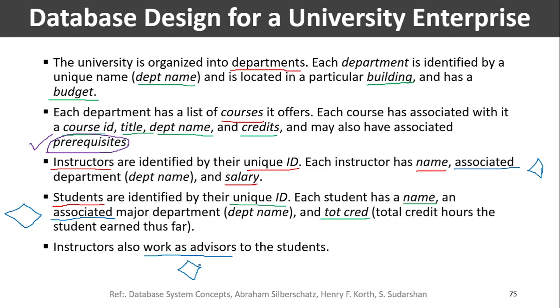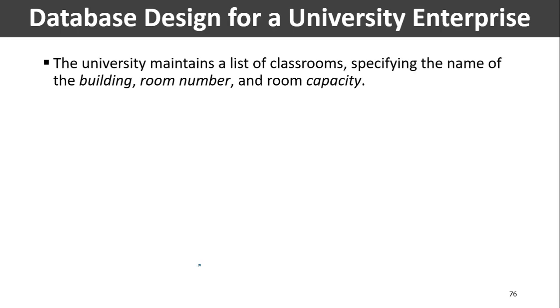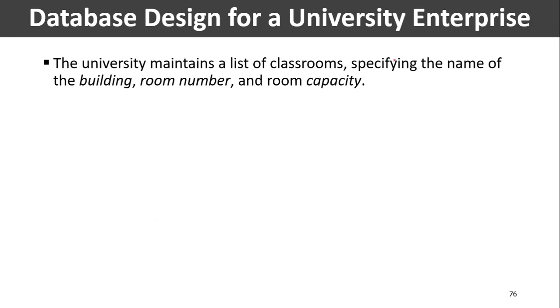Okay, so let's proceed with the next statement. The university maintains a list of classrooms. Whenever it has been written list of classrooms, that means we need to store some data related to classrooms.